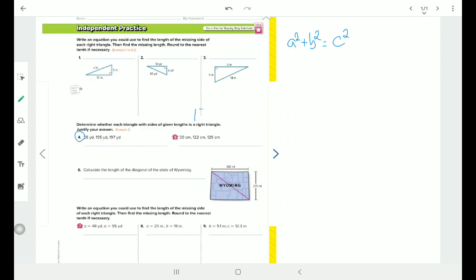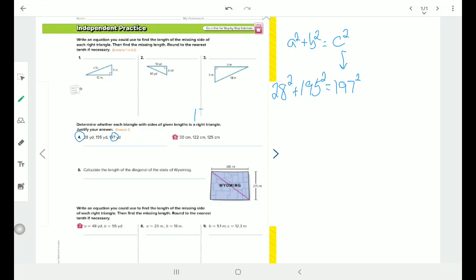So 197 would have to be c, and I still have to square it. That means 28 and 195 both have to be a and b. Now I can solve it and see if those are equal. If they are, it is a right triangle. If they're not, then it is not a right triangle.